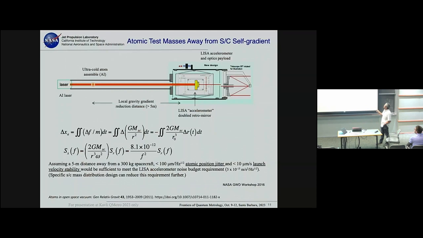The spacecraft self-gradient is small enough that we only need 10 microns of jitter control, and the drag of the spacecraft in deep space is less than 10 microns of acceleration. So that means that if we run the atom interferometer outside the spacecraft, then we don't have to worry about flying the spacecraft drag-free in that sense.